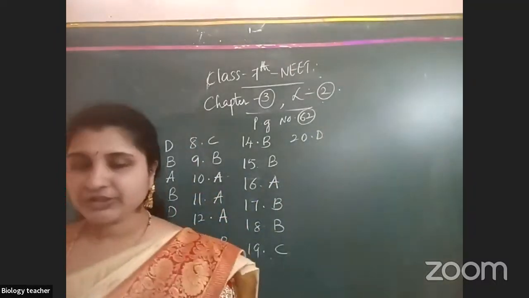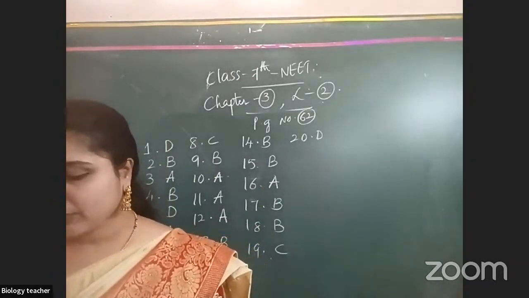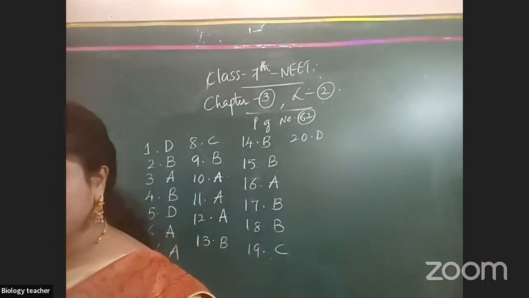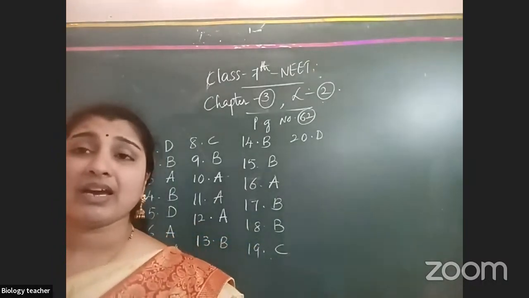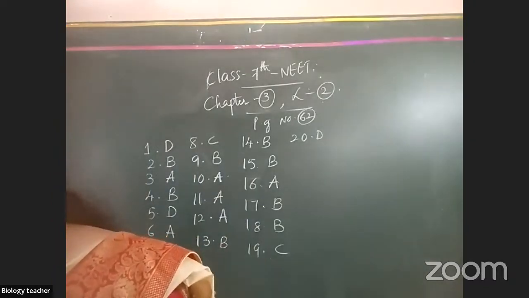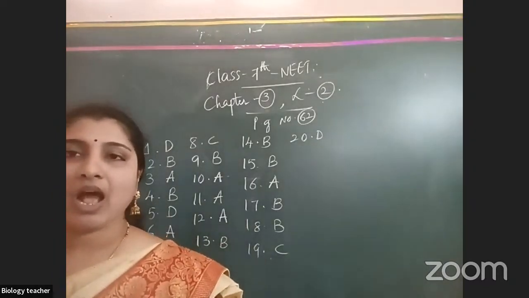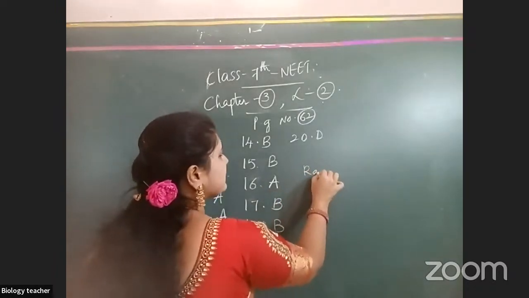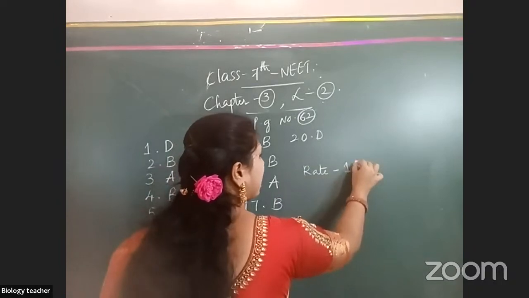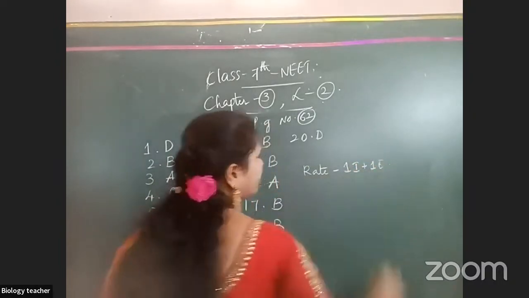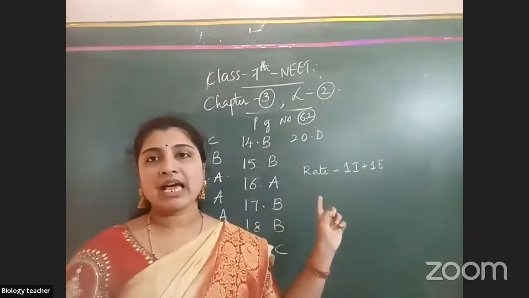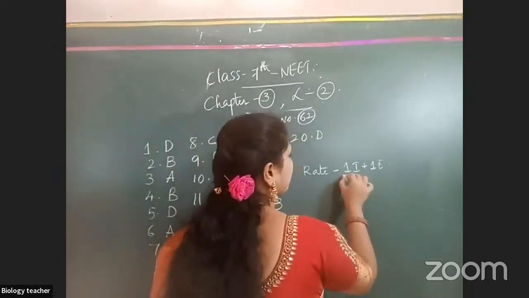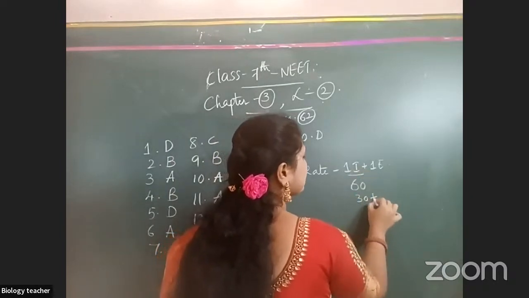So we will compare question number 5 and question number 20. What is the difference? Breathing rate they are asking. Here, breathe in and out. Breathing rate means one inhalation plus one exhalation. If there are 60, one inhalation is 30 plus 30.